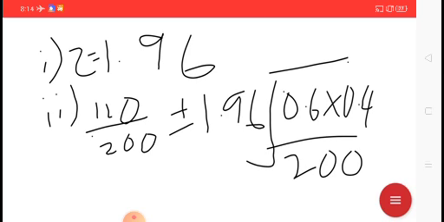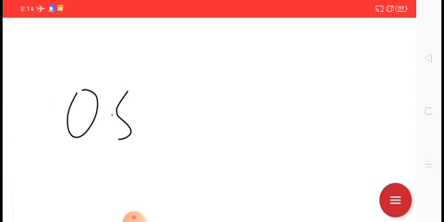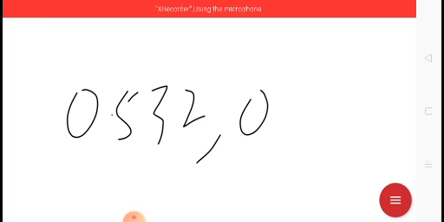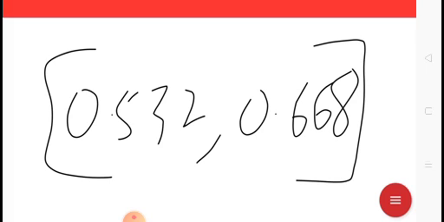Okay, the proportion equation. So once you have this, you will have the confidence interval from 0.532 to 0.668. Right, so this is the confidence interval for question 4.2.